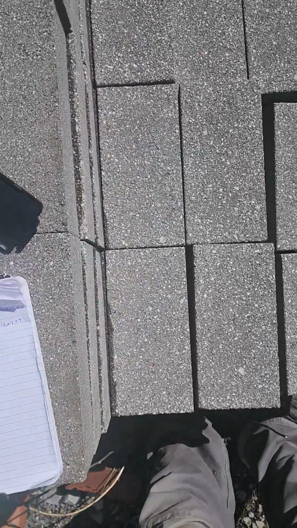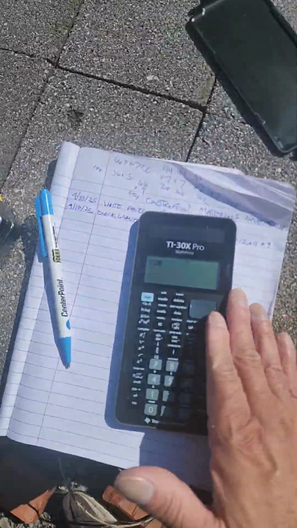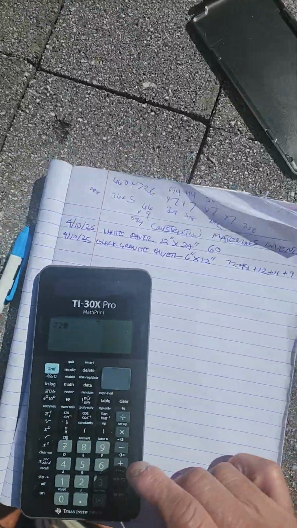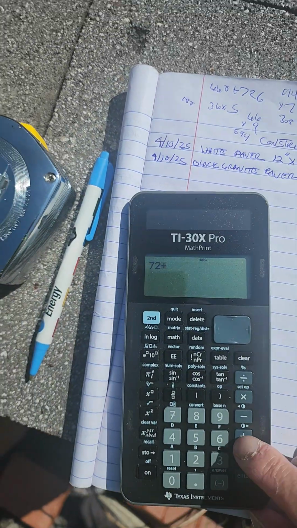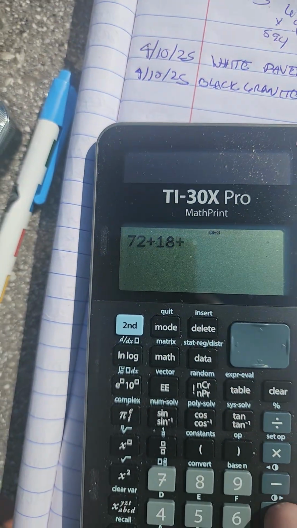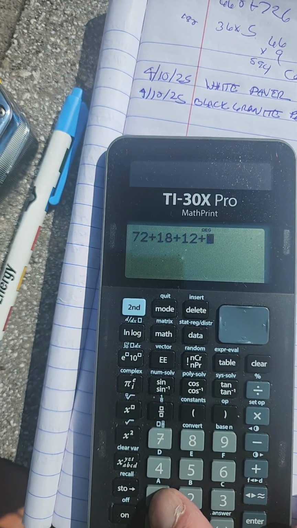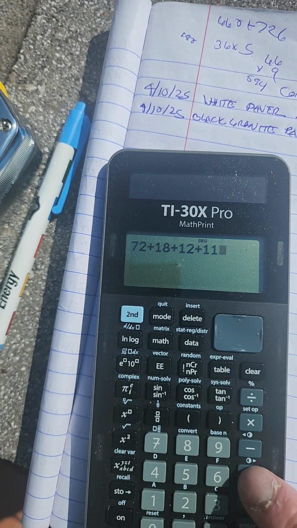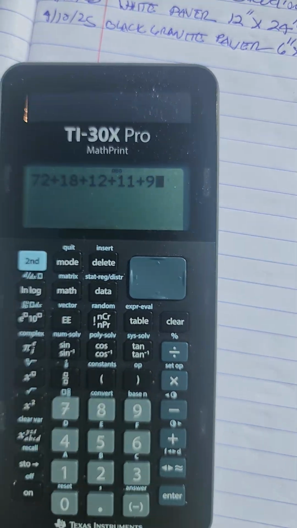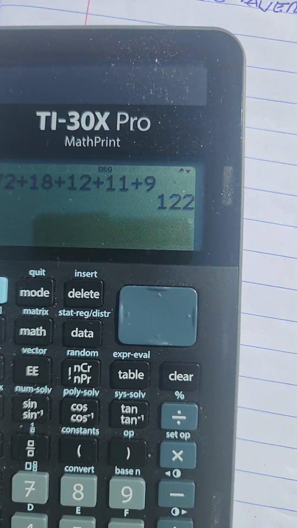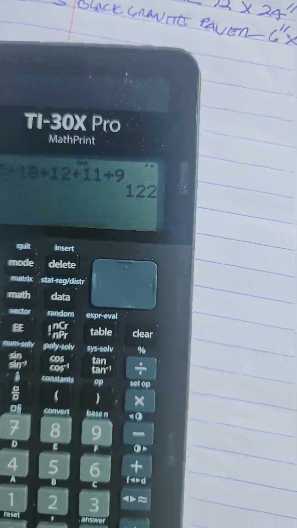So now what I'm going to do is take the numbers. These numbers I got from this pallet. 72 plus 18 plus 12 plus 11 plus 9. See the numbers? And then when I add them up, I get a total of 122.